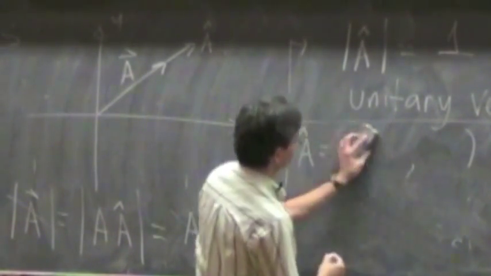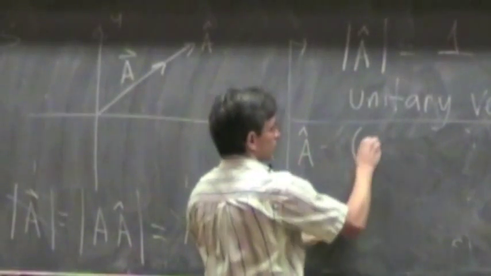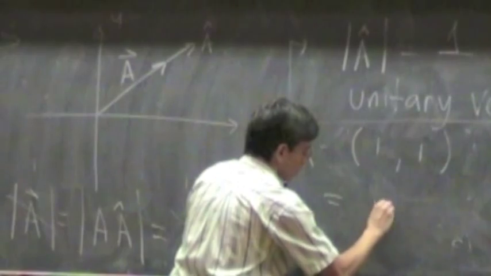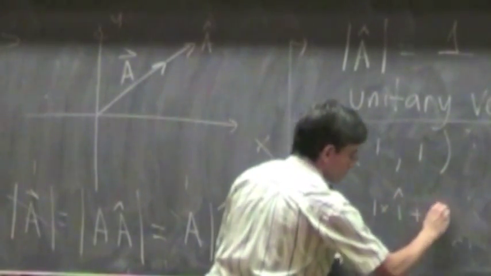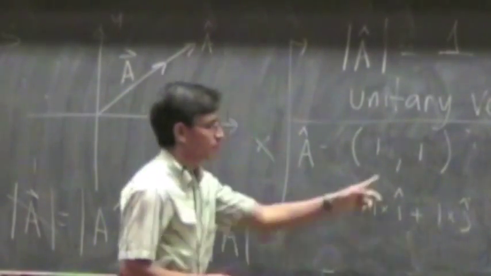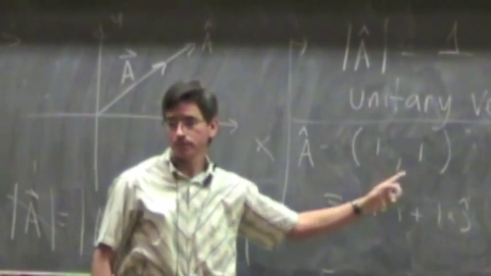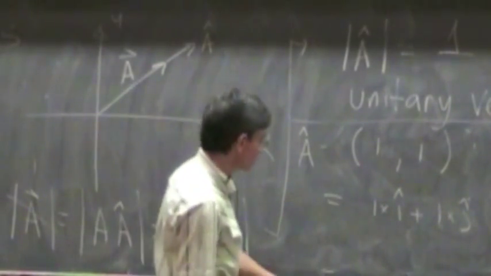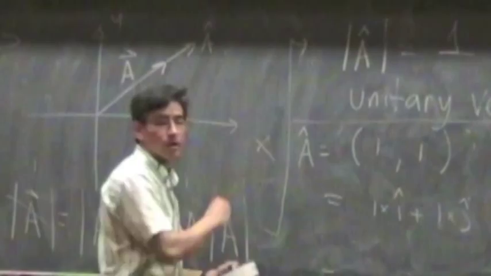So what you're saying is 1, 1, which is the same as writing 1 times i hat plus 1 times j hat. Is the magnitude of this vector 1? It isn't. It's square root of 2. So in terms of magnitude, that's not satisfying what we know about A hat.